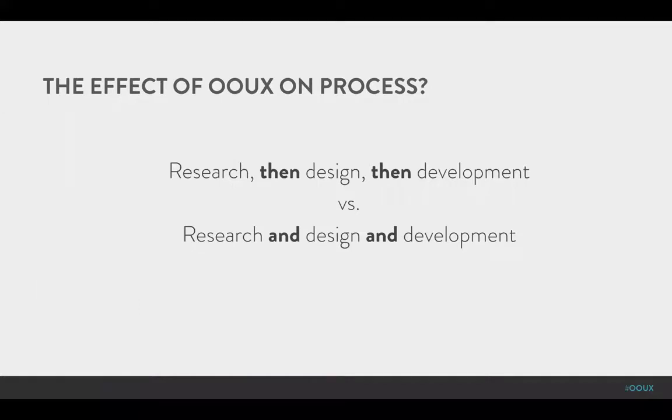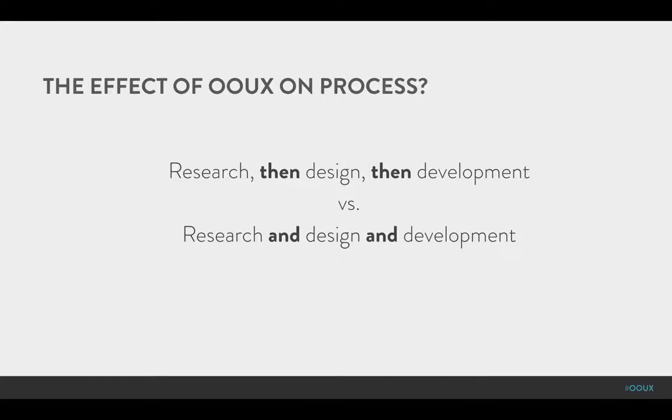So the effect of OOUX on process is that instead of research, then design, then development, it is the decision to have research and design and development all working together. And rather than passing a potato from one person to another, it is all about keeping the user at the center of that design process.